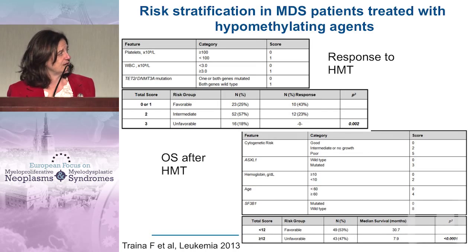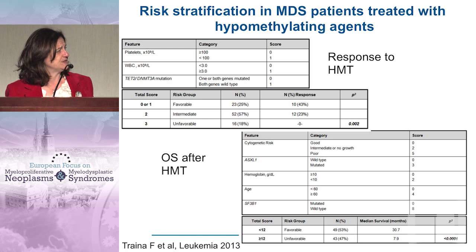And this has been already shown to you as well. It's a tentative score to analyze some clinical parameters like platelets, white blood cells, but also TET2 and here the MT3 mutations as positive parameters for response.